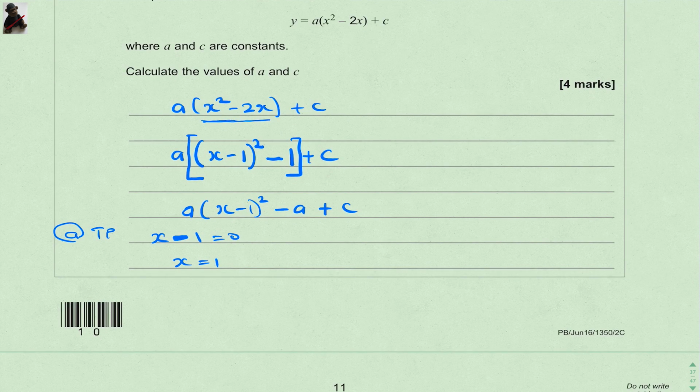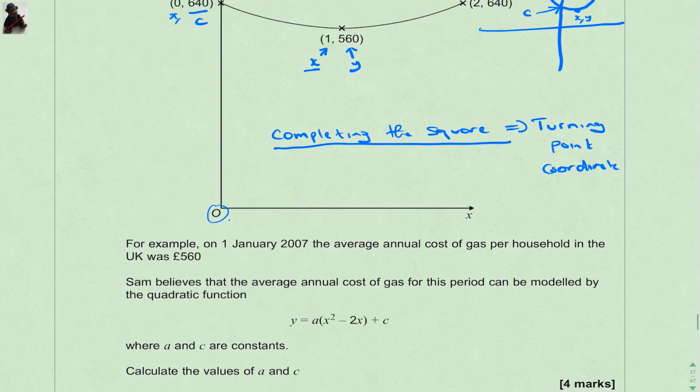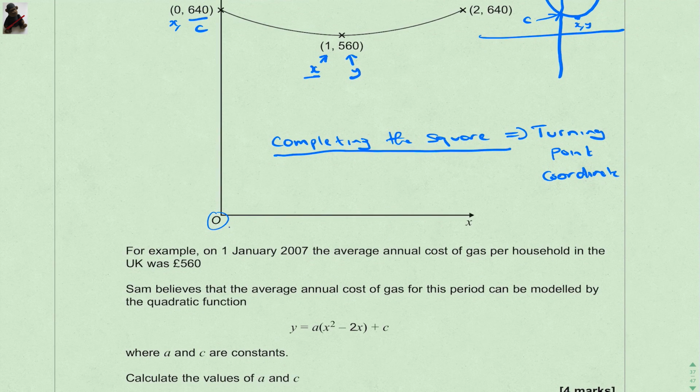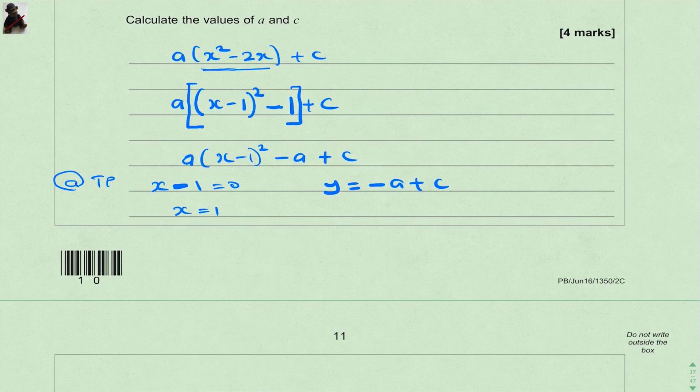At the turning point, y will be equal to minus a plus c. We know the value of y at the turning point is 560. So we write 560 equals minus a plus c.